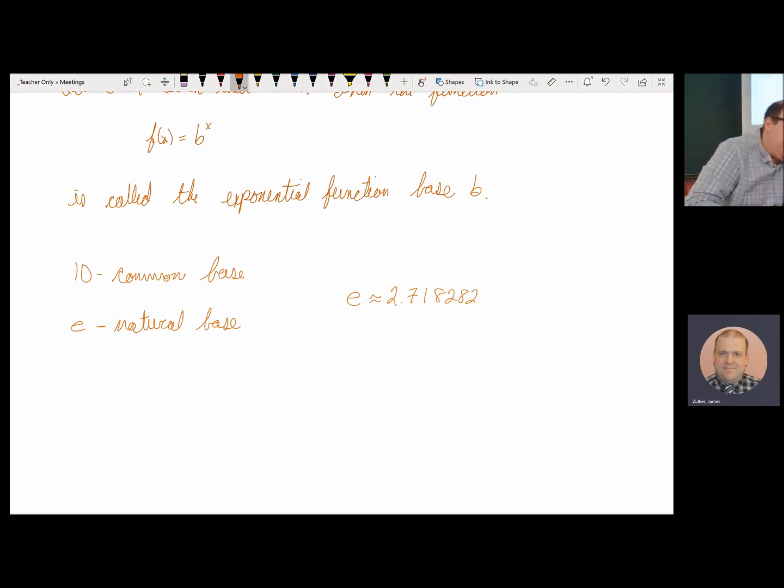Here's the actual definition of e. The three-line equal sign means defined as, or is identical to.